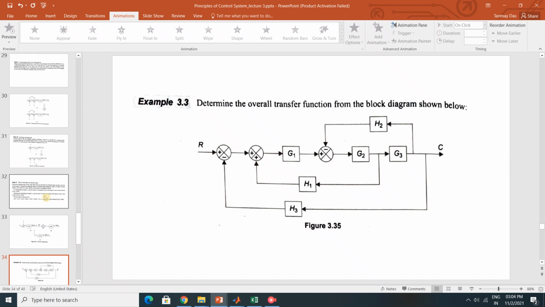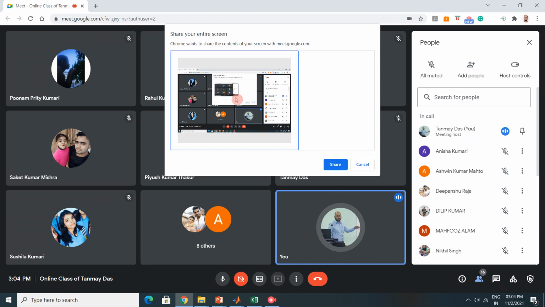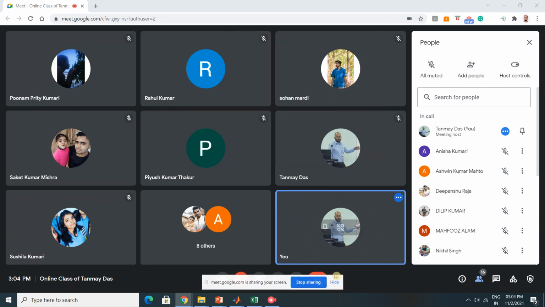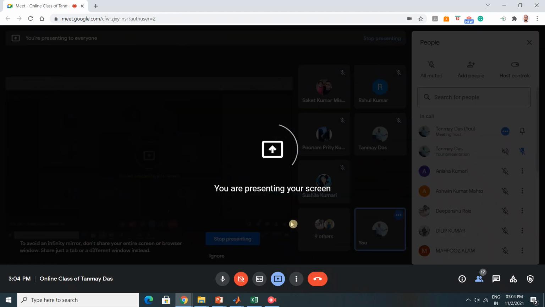In the last class, we started our discussion regarding the block reduction technique. We discussed a few rules according to which the block reduction technique has to be implemented. So I am sharing my screen.